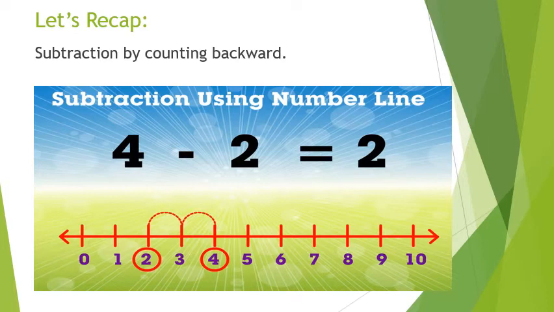So what is your answer? 2 will be your answer. So this is the use of backward counting. You have to jump or skip the numbers and go backward to get the answer. This was one method which I have explained to you, how to do subtraction using the counting backward method. Next.